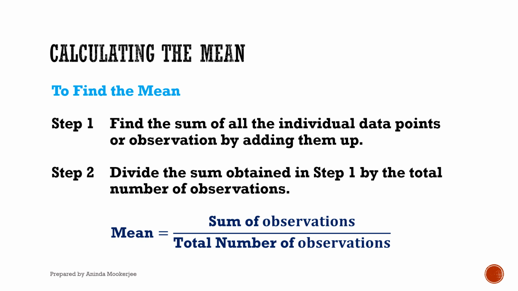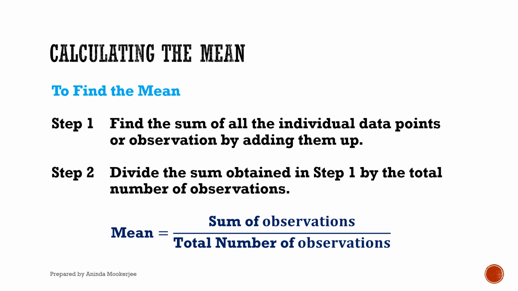So here we are presenting the steps to calculate the mean, and explaining what it is. It'll be the same thing as what we discussed in the previous slide. To find the mean, step one is to find the sum of all the individual data points or observations by adding them up.